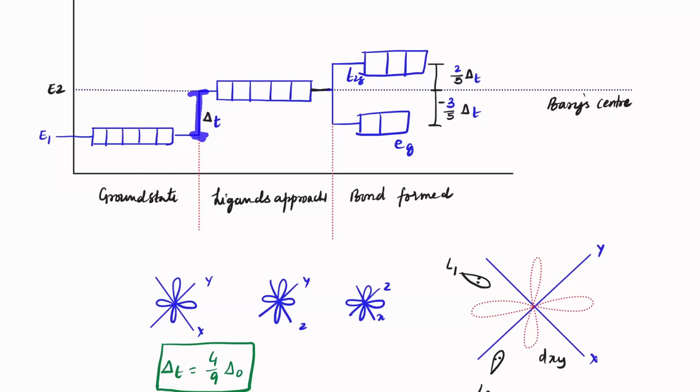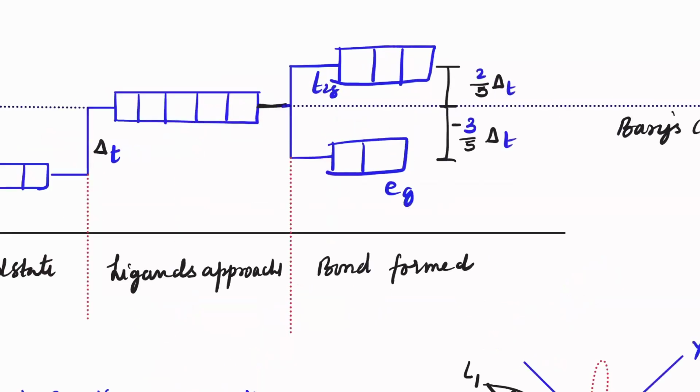And from there, you notice that the d orbitals here will start raising their energy into T2G and EG kind, which means again the redistribution would happen here. And EG set, EG means which orbitals? EG means dx square minus y square and dz square.